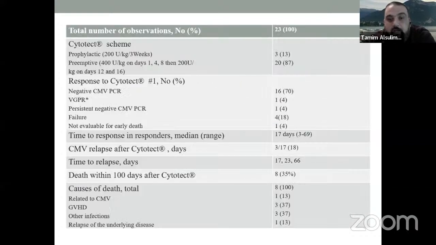We can see here that negative CMV PCR was documented in 70% of patients, the VGPR in 4%, persistent negative CMV PCR in 4%, and failure in 18%.